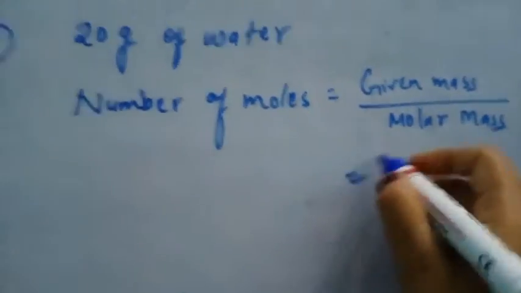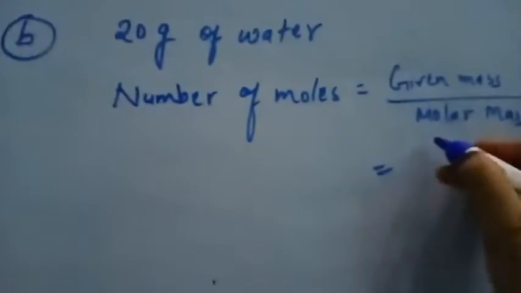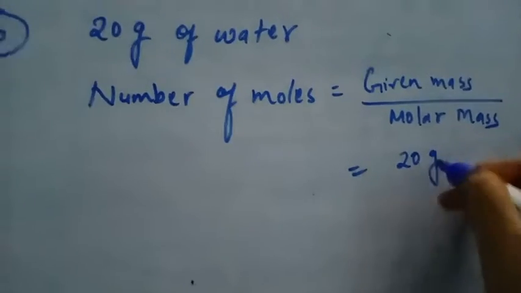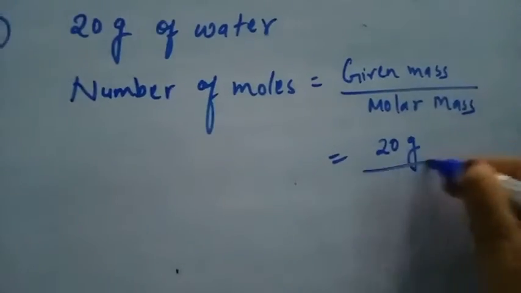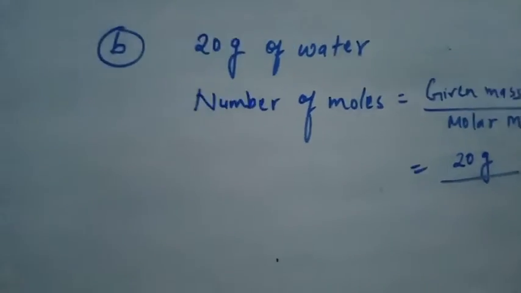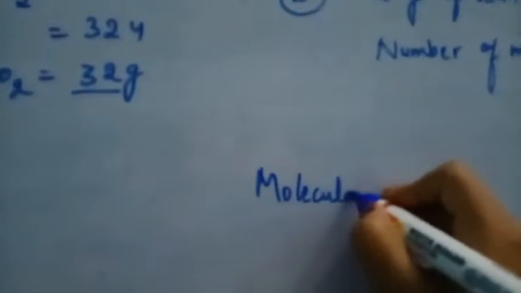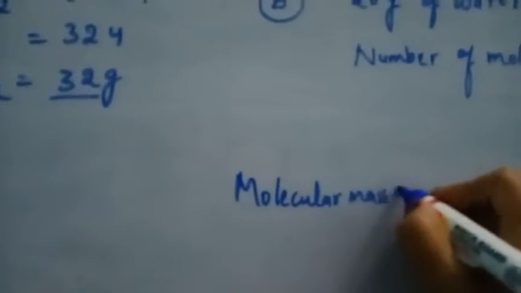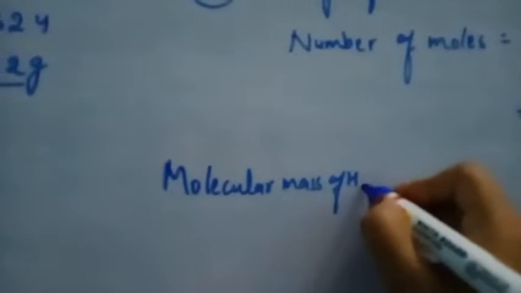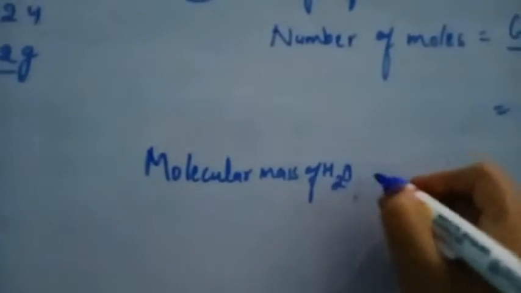Okay, so given mass, what is there? 20 gram is the given mass of water, and molar mass we have to find out. So first we will calculate the molecular mass of water.